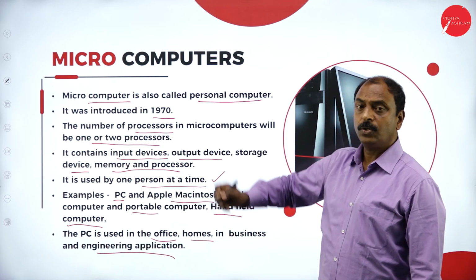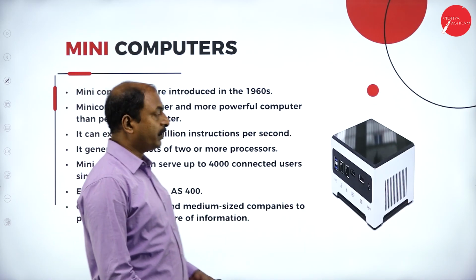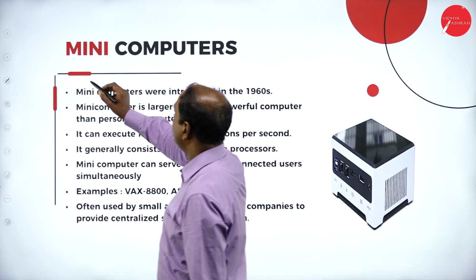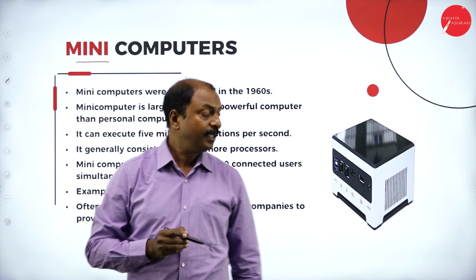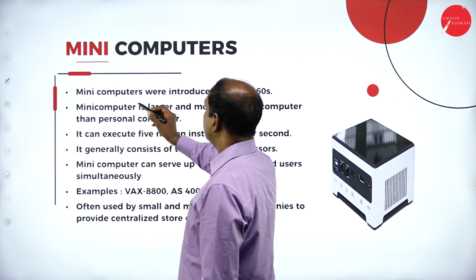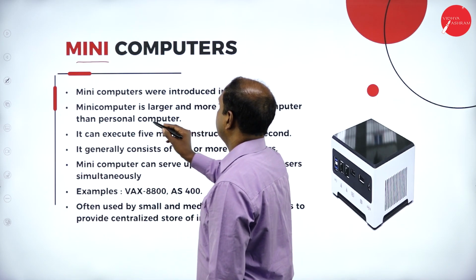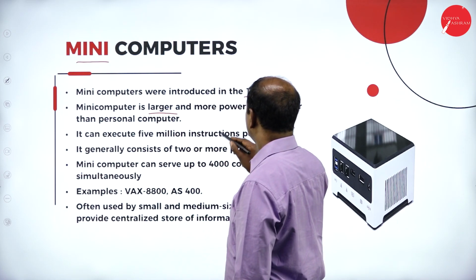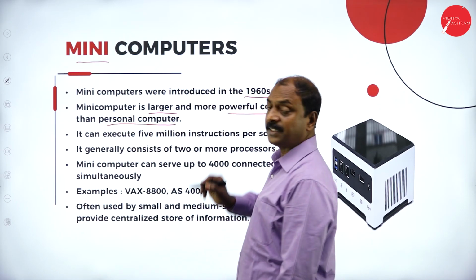This is microcomputers. Now let us move on to the next slide. The next one is mini computers. You can see the picture of these computers. Mini computers were introduced in the 1960s, and they were very large in size and more powerful compared to PCs.